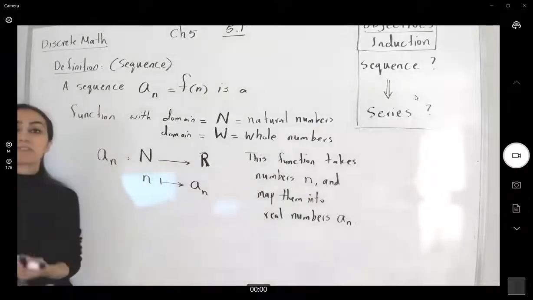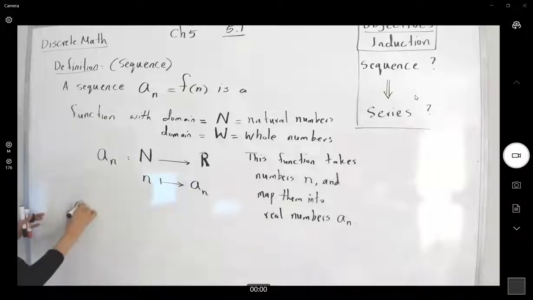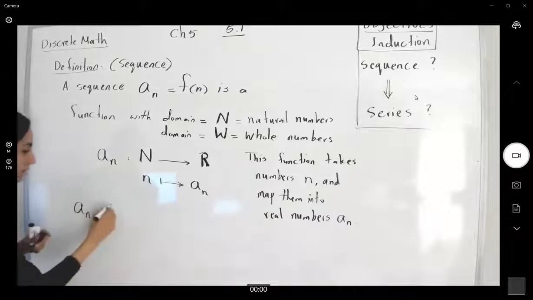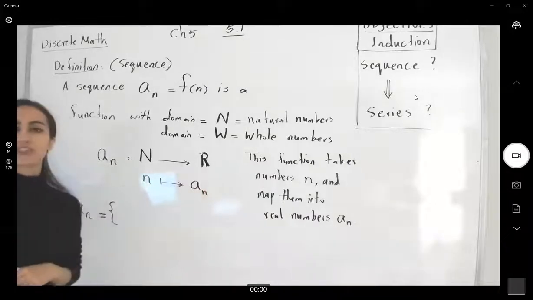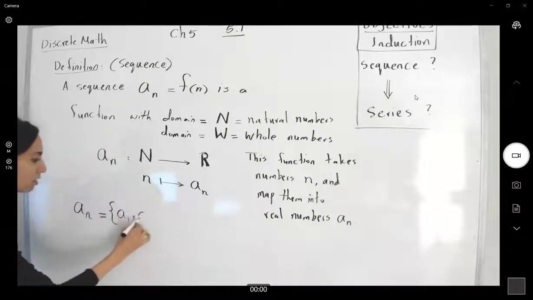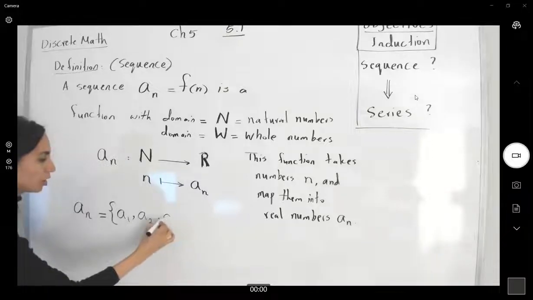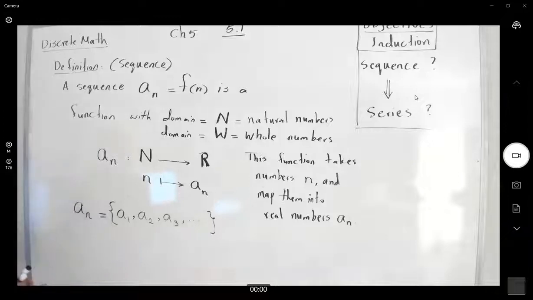Okay, sometimes we denote a sequence this way. We say that sequence A sub n is equal to the set of all elements in the range, like A sub 1, comma, A sub 2, comma, A sub 3, comma, the rest of the terms. They put A sub n as the general term inside curly brackets.